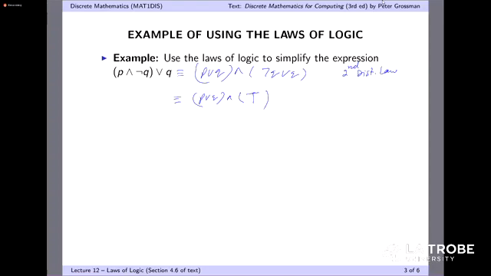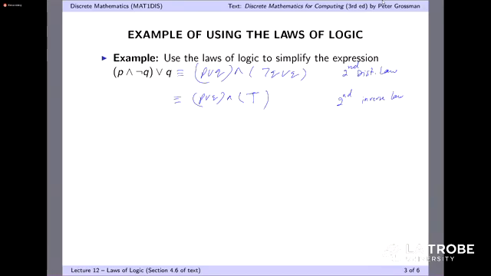Let me check, I have the sheet. You're looking for P or not P, that has to be your Q or not Q. That has to be the second inverse law. As we said, second inverse law. Happy with it?